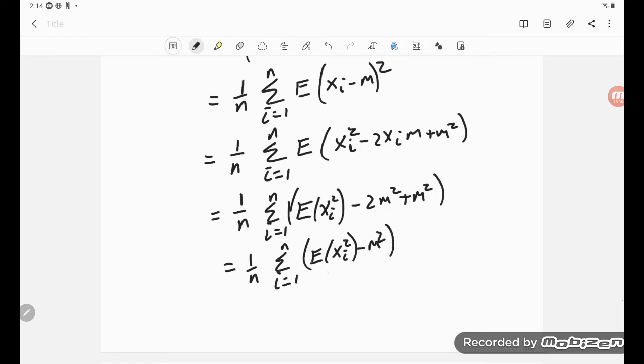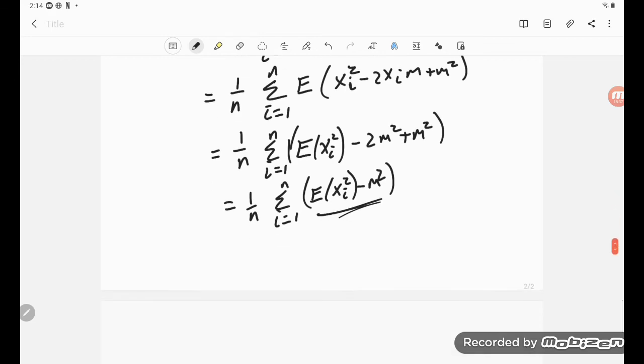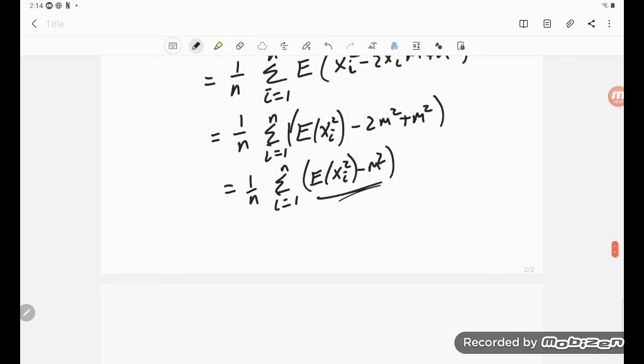But see, that is just our definition of the variance of the x. And so since each xi is from the distribution x, this is 1 over n times the sum i equal 1 to n of sigma sub x squared.